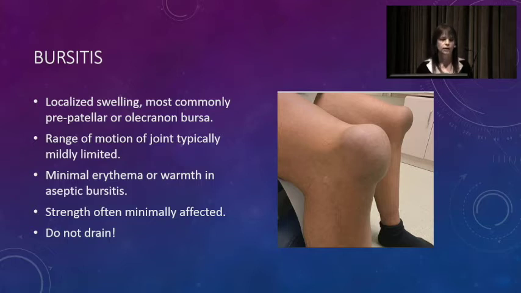Typically, what you're going to find is, again, it's going to be like a golf ball, or in this case, a baseball, sitting on the person's joint because that swelling is localized to this sac of fluid. The bursa itself, the whole purpose is to reduce friction.